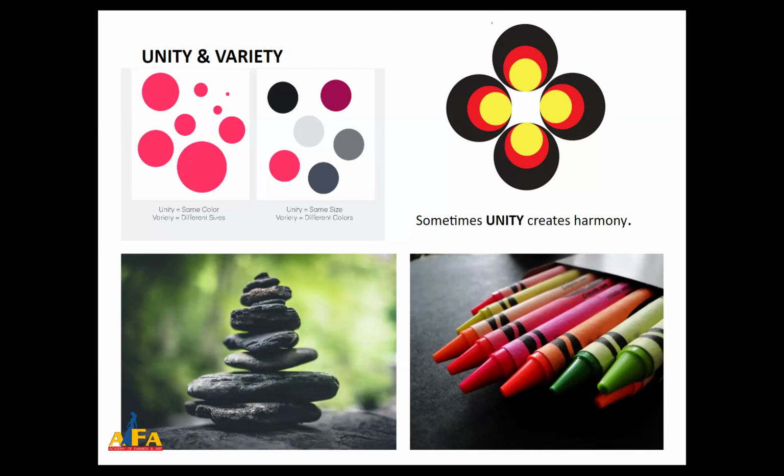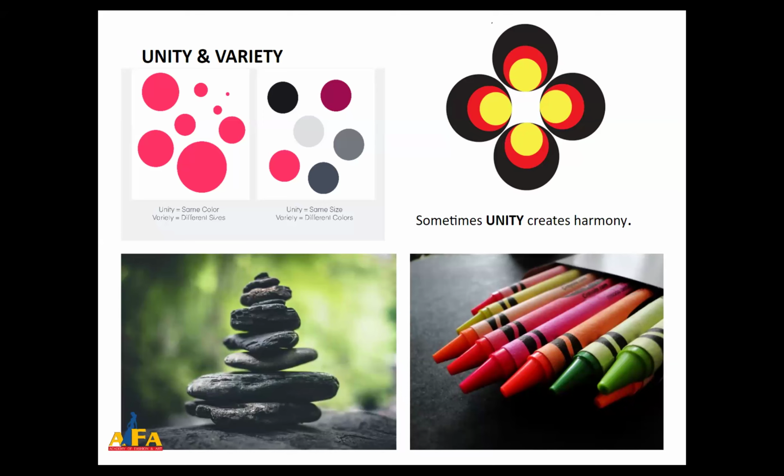Now in the third example, I have three different circles of three colors, yellow, red, and black, arranged in a particular way which shows symmetry. So what is unity? Unity is that all are circles, and ma'am, we have taken three varieties of circles. And what is the variety? Now all these three different circles have managed with each other to design a message.